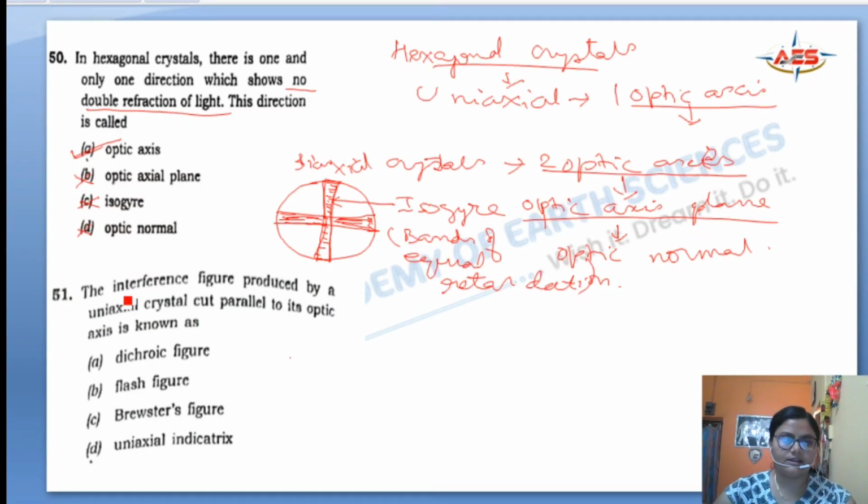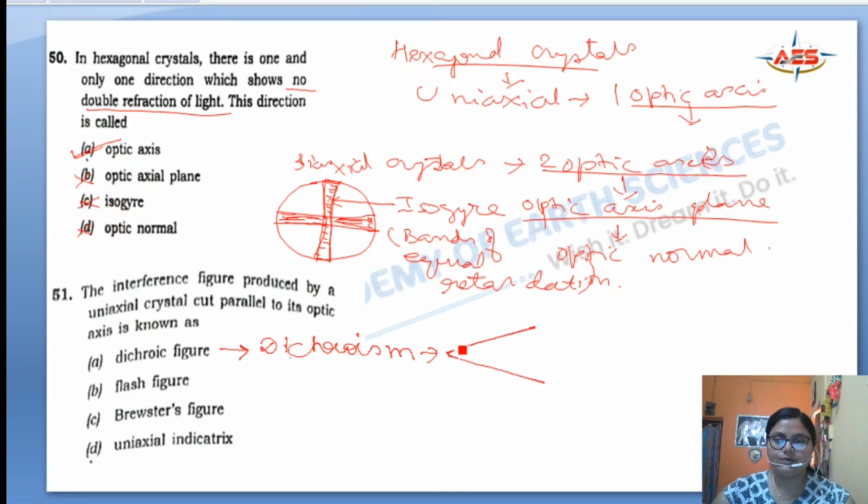Here it is given that the interference figure produced by a uniaxial crystal cut parallel to its optic axis is known as, and the options are dichroic figure, flash figure, Brewster's figure, and uniaxial indicatrix. In the case of dichroic figure, the property of dichroism is shown. This is when a mineral absorbs the light in one direction more as compared to the other.